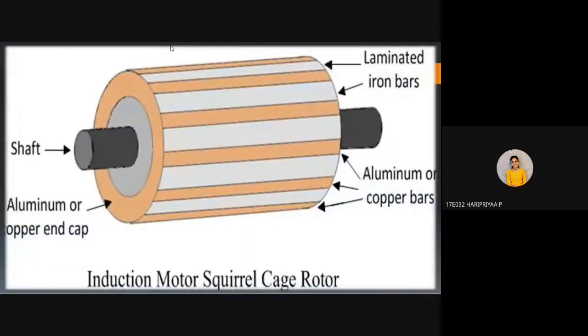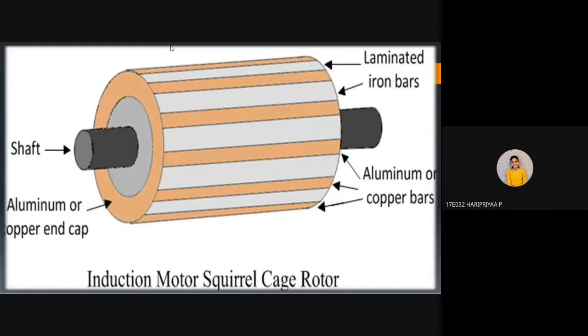This is a squirrel cage rotor. It consists of a laminated cylindrical core having semi-closed circular slots at the outer periphery. Copper or aluminum bar conductors are placed in these slots and short circuited at each end by copper or aluminum rings. These are called the short circuiting rings. Then the rotor winding is permanently short circuited and it's not possible to add an external resistance.